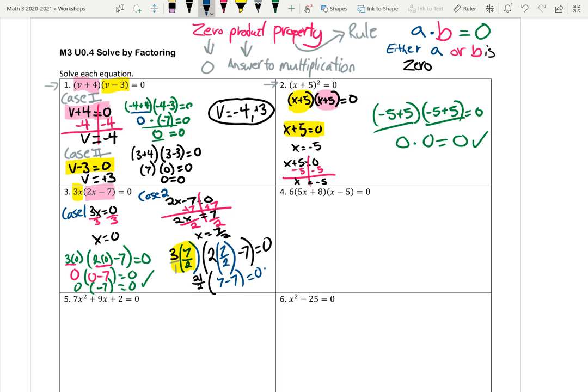You can see that this is going to work out as well, meaning that my answer is x is 0 and 7 halves. Notice, it does take some space. That's okay. Use your scratch paper appropriately. Show your work for where you need to, and check both solutions.